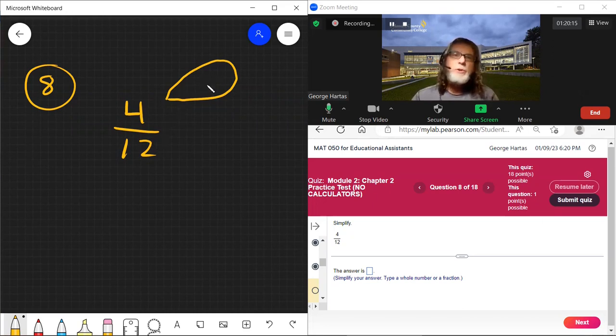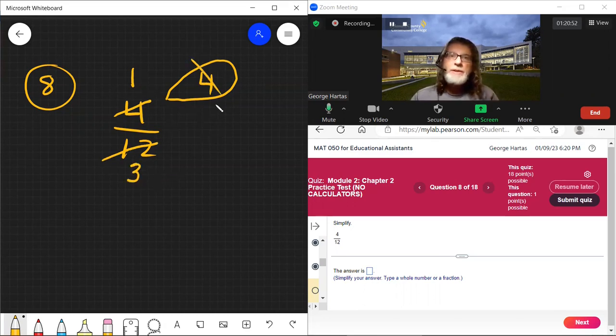If you said 2, it would not be correct. 2 does divide into both, but it's not the biggest number. We want the biggest number to get the maximal reduction. So the biggest number that divides into both of these is the actual number 4. So the 4 that I'm thinking about will divide into this 4 one time, and will divide into the 12 3 times.